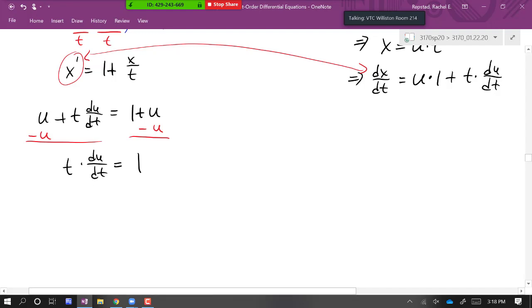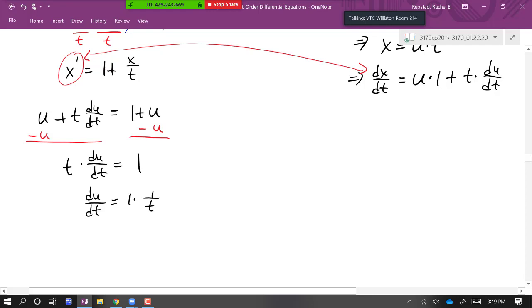Yeah, so let's see, if we got du dt by itself, then we'd have 1 times t. So yeah, the h of x would just be the constant function 1. It'd be 1 over t, wouldn't it? Oh, yes. Thank you.